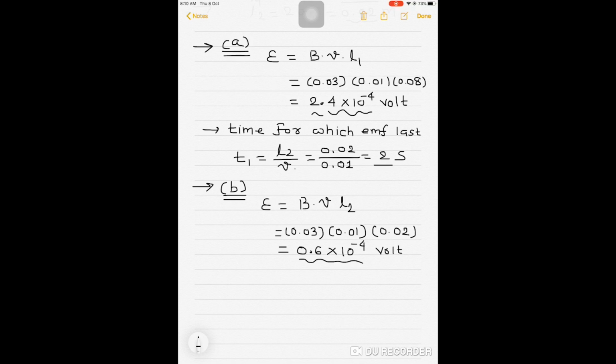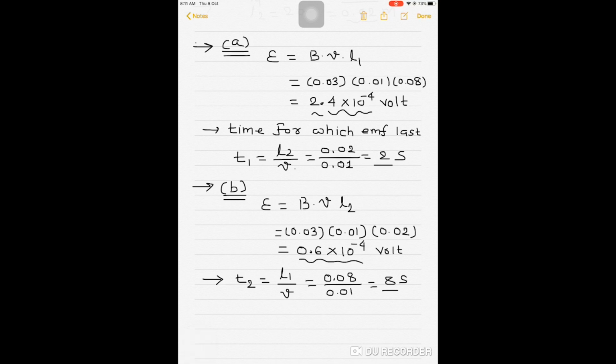Now again, how much time will it last? For that also, time 2 is given by the equation L1 upon V, as it will move from left to right, so that is about 8 seconds.